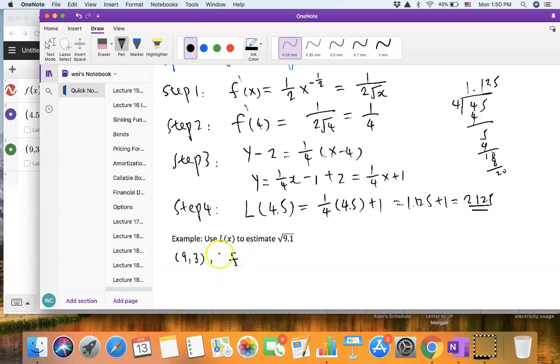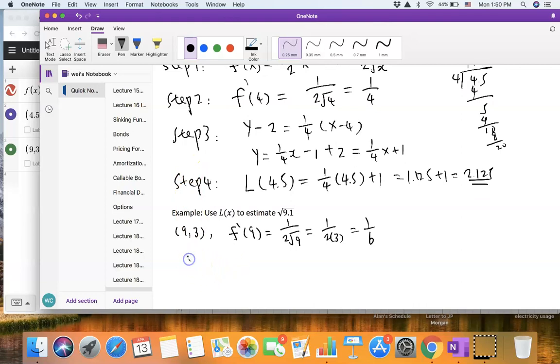The slope of that tangent line is f prime of 9, which is 1 over 2 times the square root of 9, which is 1 over 2 times 3, which is 1 over 6.